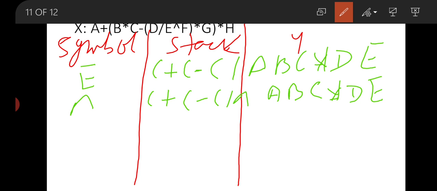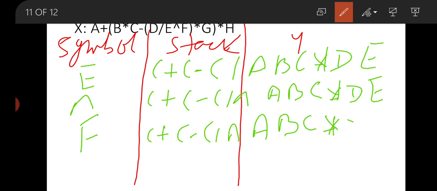Now we have to scan the next symbol, which is F. Then our stack is the same, with divide and the exponent operator, and in the case of an operand, we put the operand into our expression Y. Now again if we scan the symbol, it is a right parenthesis.